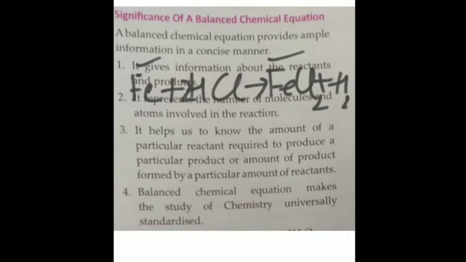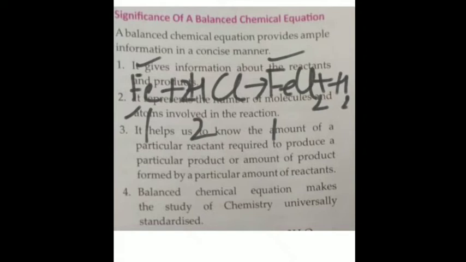We see that 1 atom of iron reacts with 2 molecules of hydrochloric acid to give you 1 molecule of FeCl2. Is that clear? And 1 molecule of hydrogen. 1 atom of iron reacts with 2 molecules of hydrochloric acid.